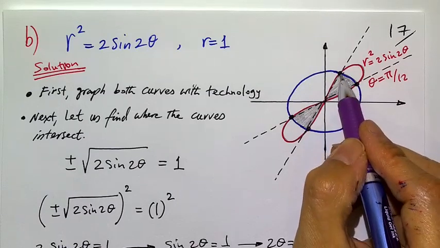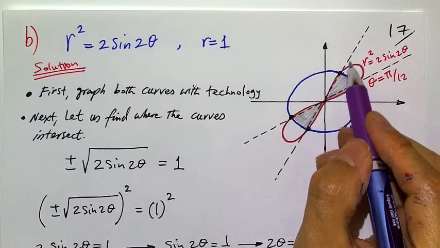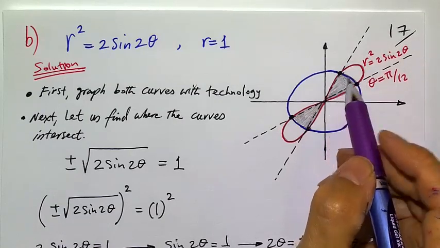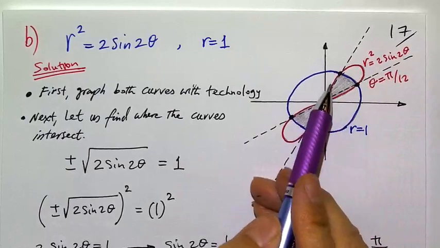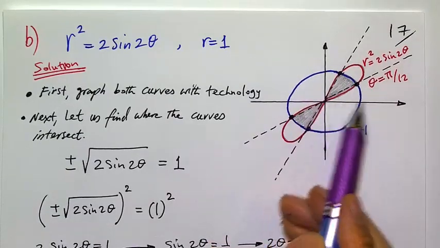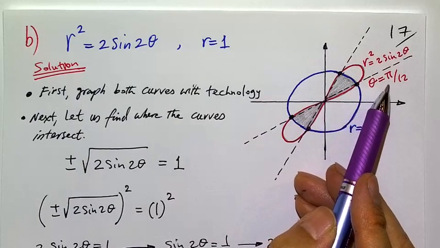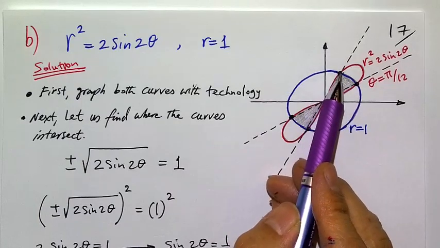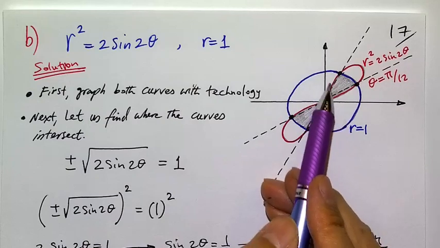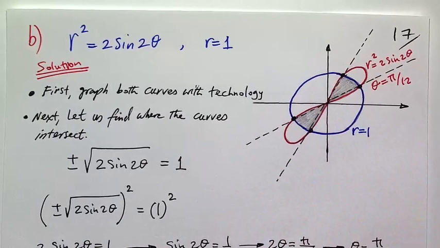To get the angle to this line that goes through the intersection point, because of the symmetry, all we have to do is say pi over 2 minus this angle, and we've already figured out pi over 12. It's going to give us that angle from the positive x-axis to that dashed line. So then let's do that.